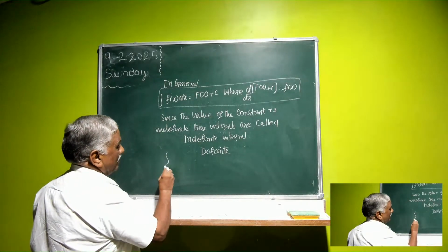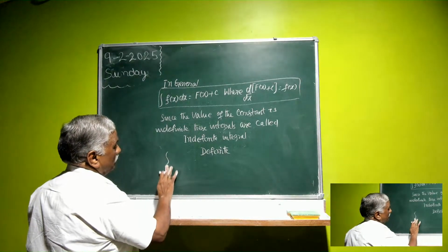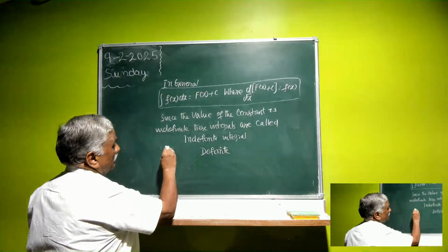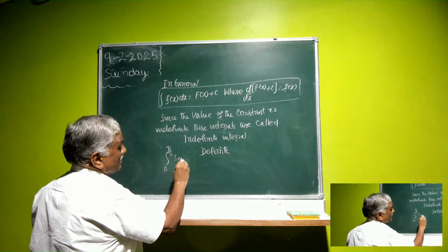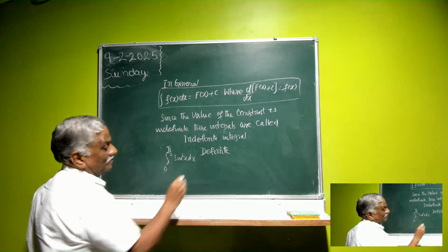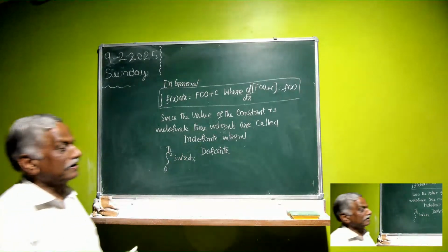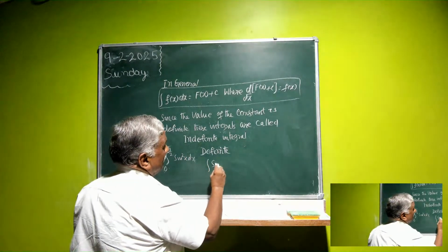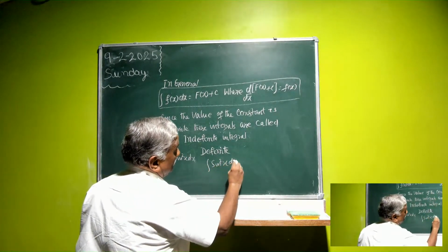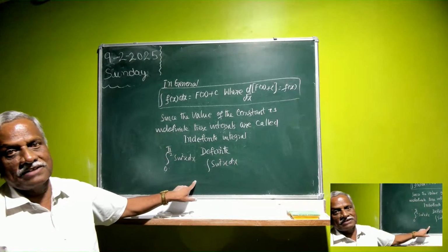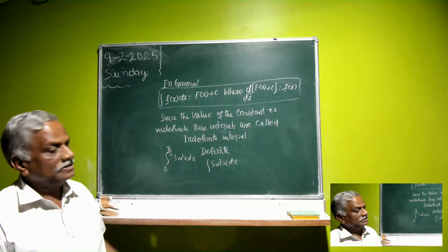And just to help you recall, you are given something like this: 0 to pi by 2 sine square x. This is called definite integral. If you are given no interval, this is indefinite.